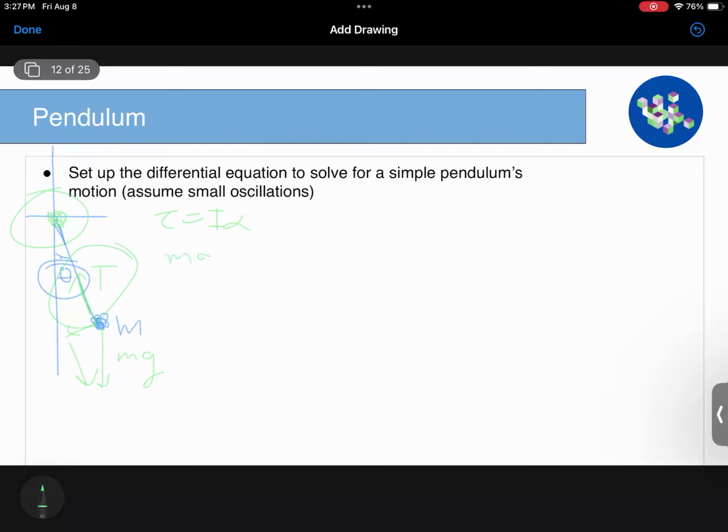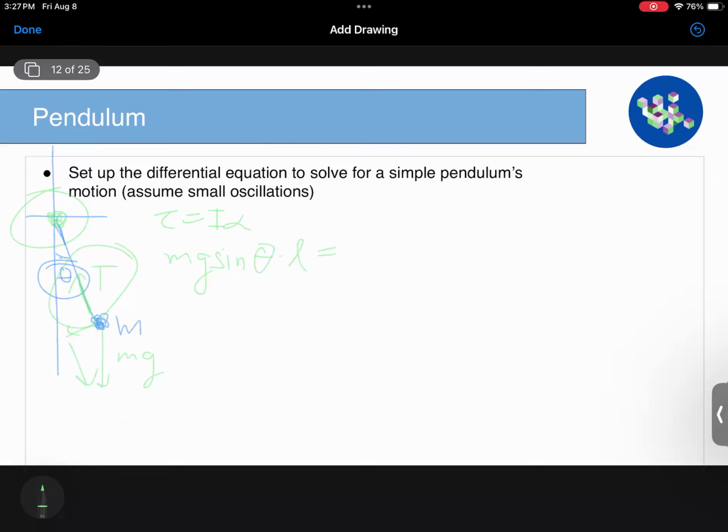So our torque would just be due to gravity, mg sine theta, times the length of the pendulum, so times L, and that equals the moment of inertia times angular acceleration. What's the moment of inertia?